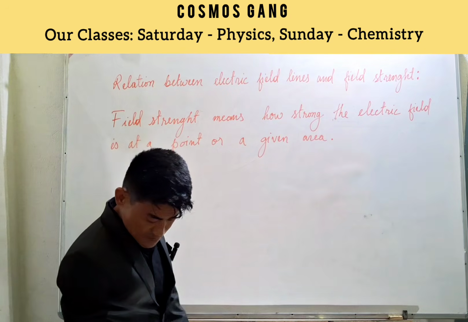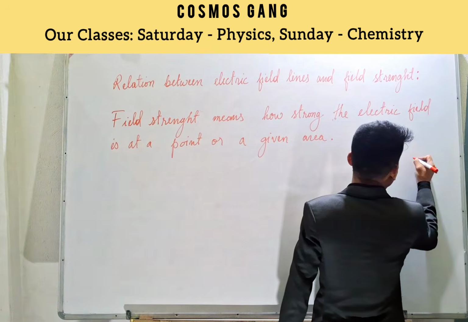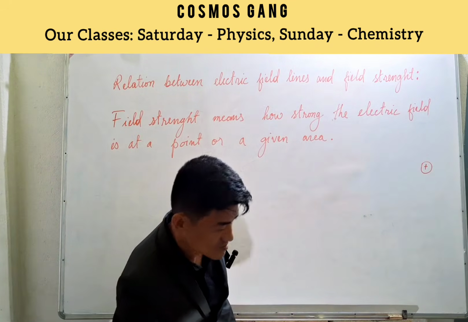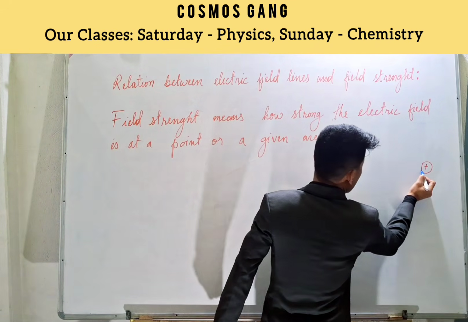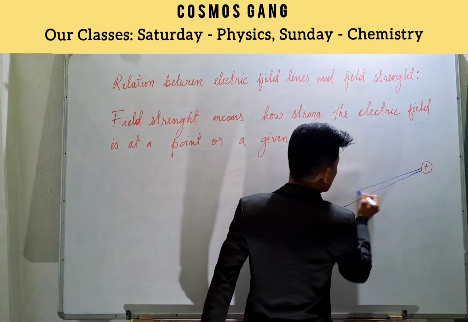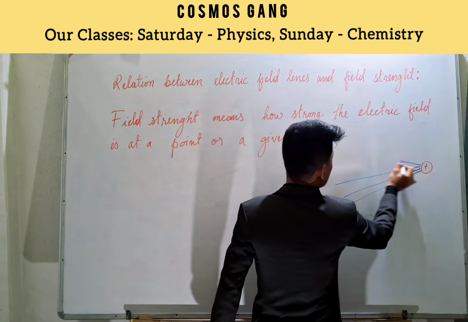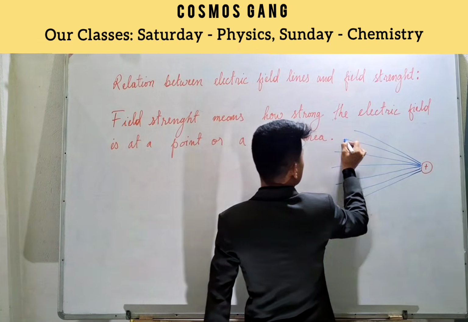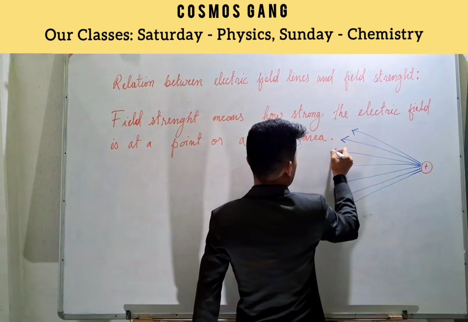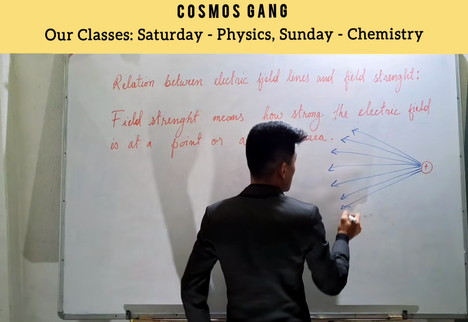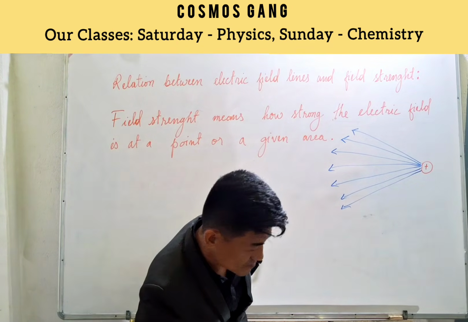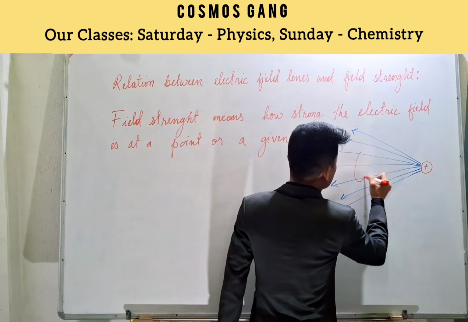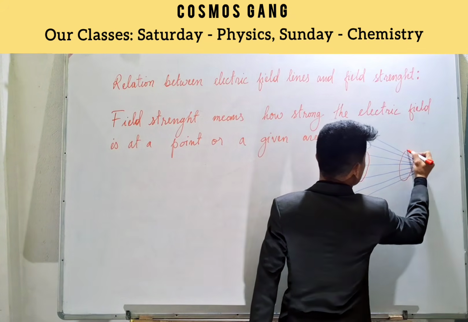For example, let's take a charge here, a positive charge. Field lines are coming out from the charge. Let's say I take the same area here and here.